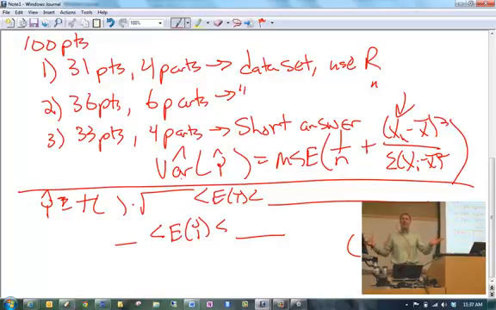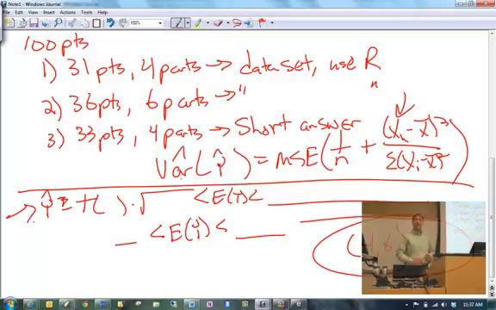But how do I know that you were doing anything right at all? I can't give you any partial credit if you only wrote down this. If, however, you wrote down this first so that I know, oh, yes, you are looking at the correct formula for a confidence interval for the expected value of y, then I can give you some partial credit, even if you got this answer incorrect.